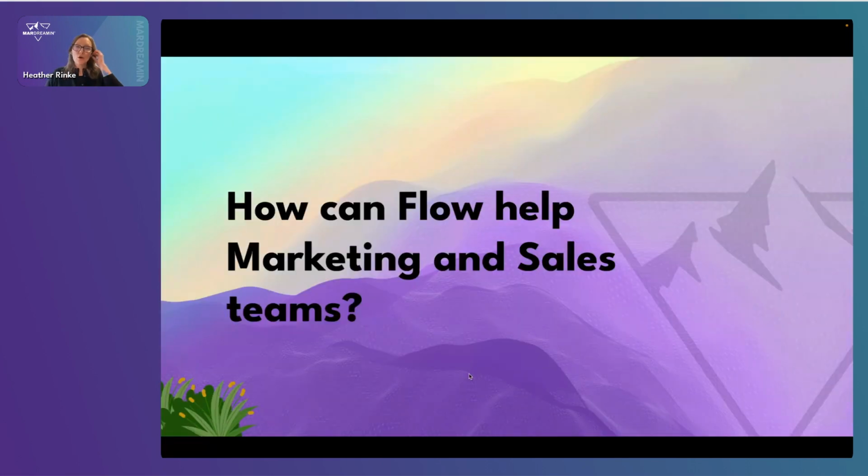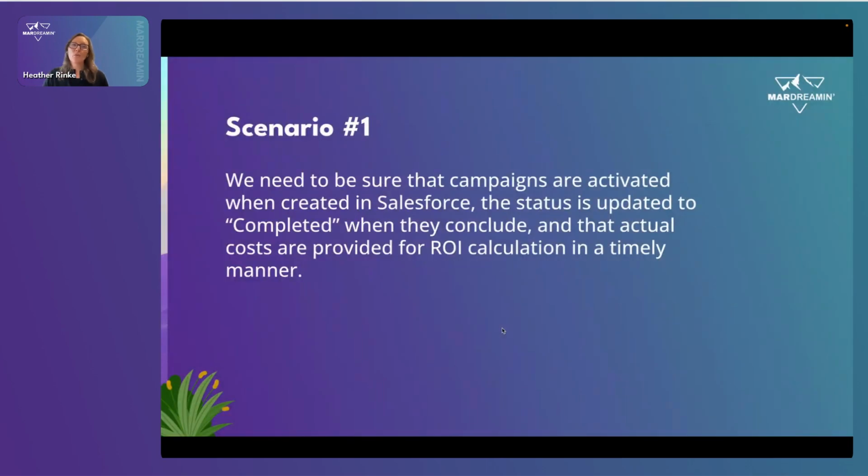Okay, so I'm going to go through some scenarios on how Flow can help sales and marketing teams, and we'll walk through each scenario along with some of the tools used and how it was built. So scenario one, we need to be sure that campaigns are activated when created in Salesforce.